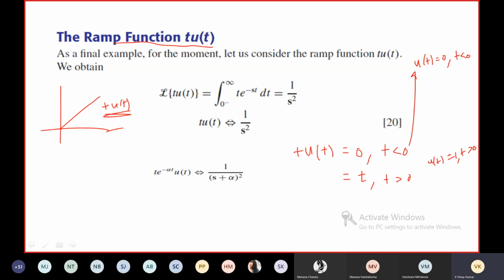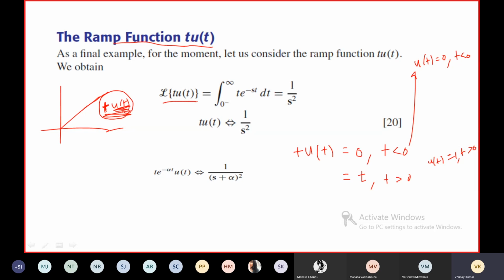Including u of t in this function means the function is defined for positive values of time.